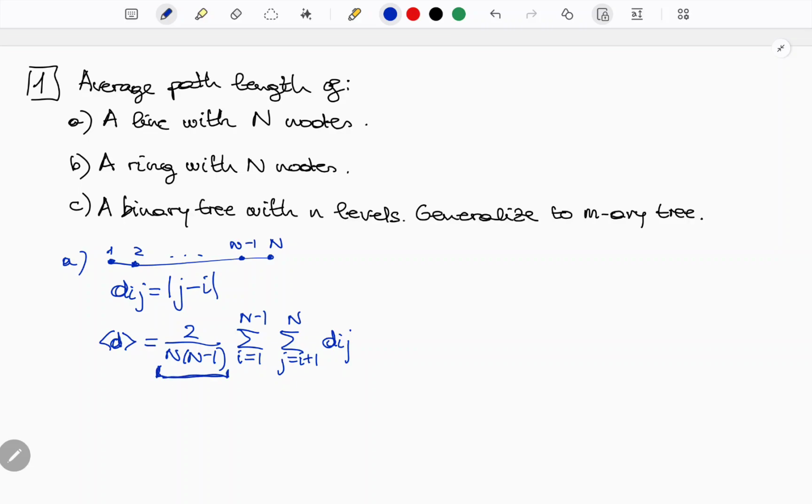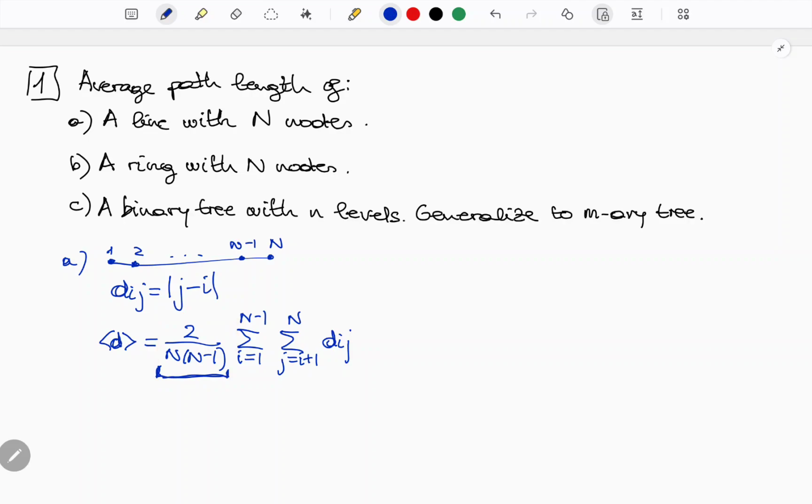The number of terms that I have in this addition, since I'm making j strictly larger than i, is going to be n times n minus 1 over 2. Okay, so that's the idea.